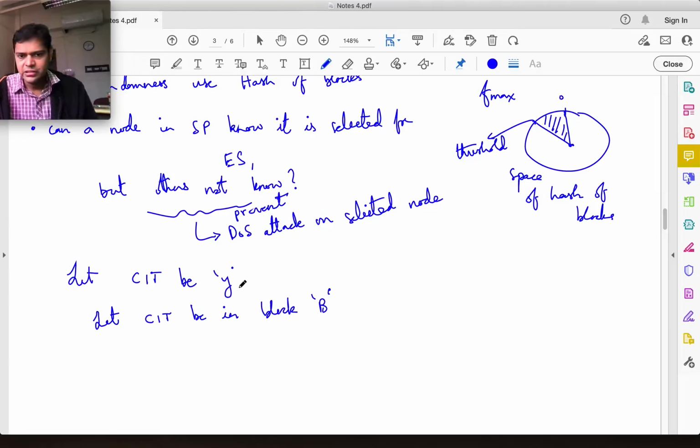The CIT itself doesn't have any randomness. In theory, you could submit the same CIT later on also, right? Same computation.